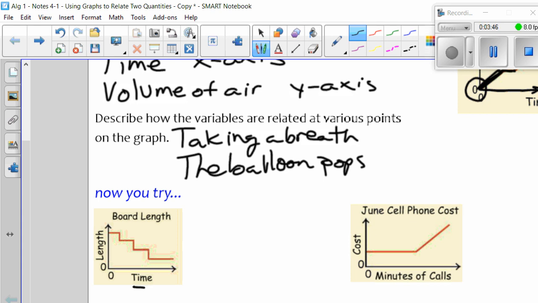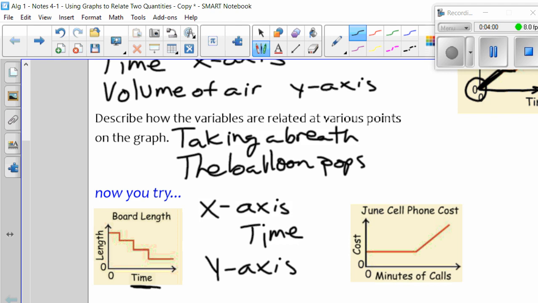So if you look at this, the x-axis is, once again, time. Okay. You look at the y-axis, and it's length. Okay. And if you look at this, it's a board. So I'm going to assume that I'm cutting a board with a saw, perhaps.